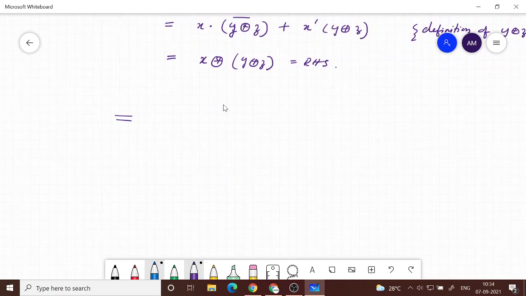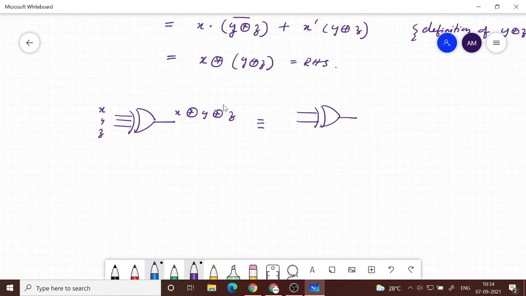So if I have a 3-input XOR gate, X, Y and Z, then I can write it like this, and this is equivalent to X, Y, the result that you get, I associate.